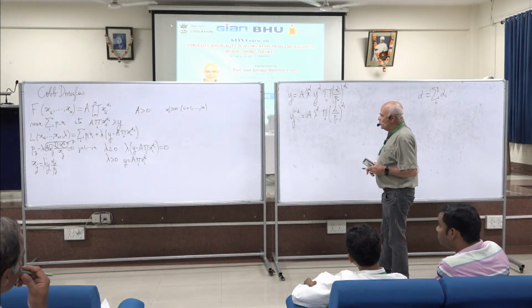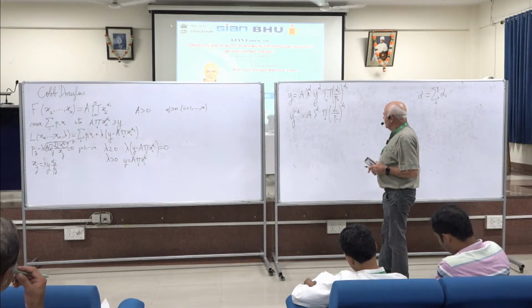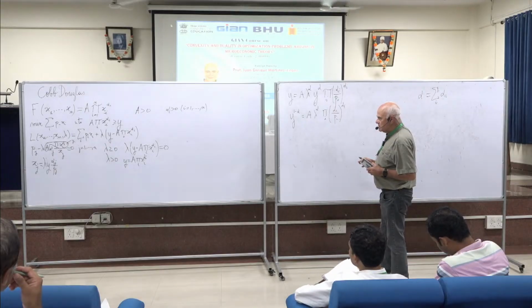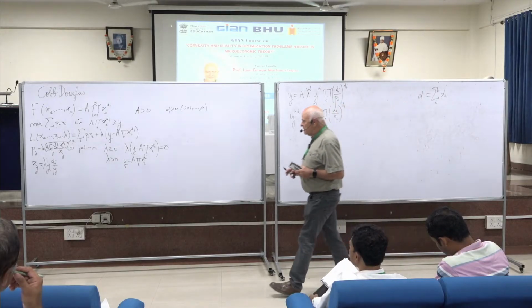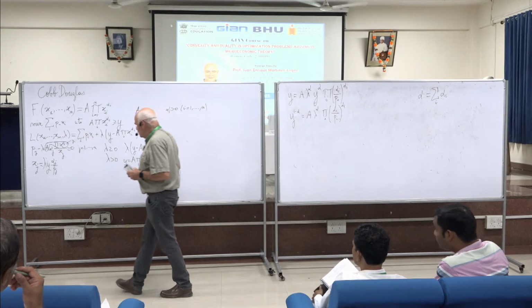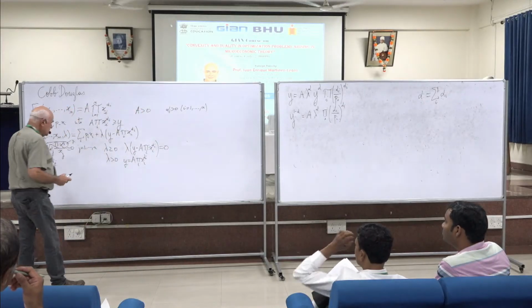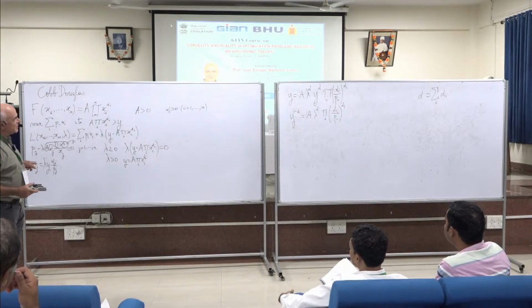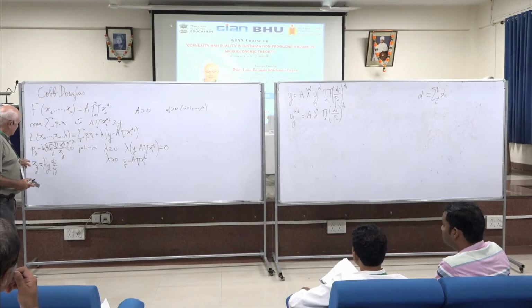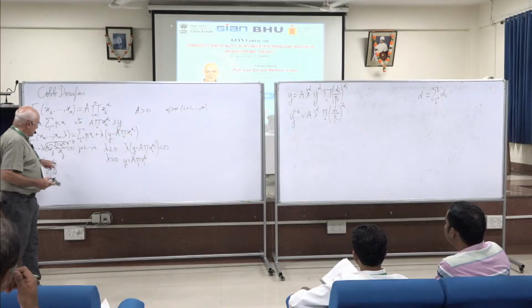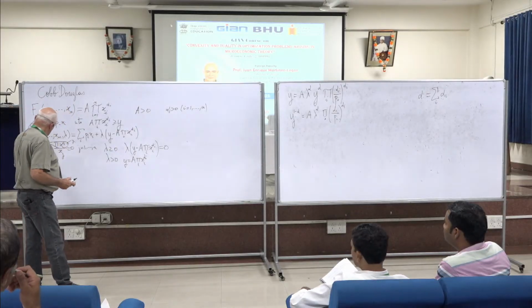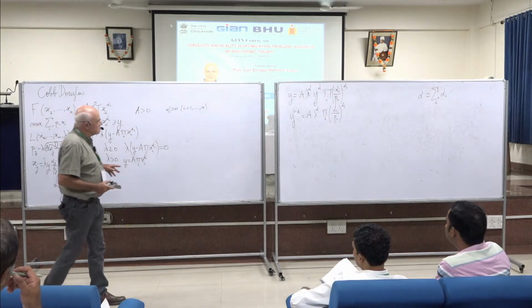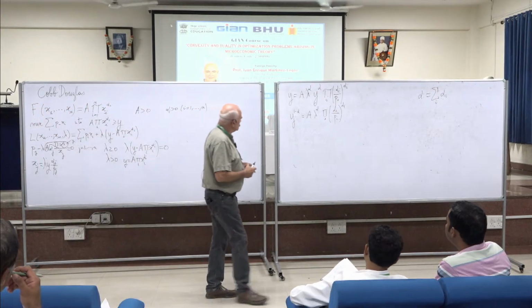I think something is missing or not? Not yet. There was alpha j here. Where did alpha j go? Alpha j divided by pj. Did I forget the alpha j? No. Seems correct.